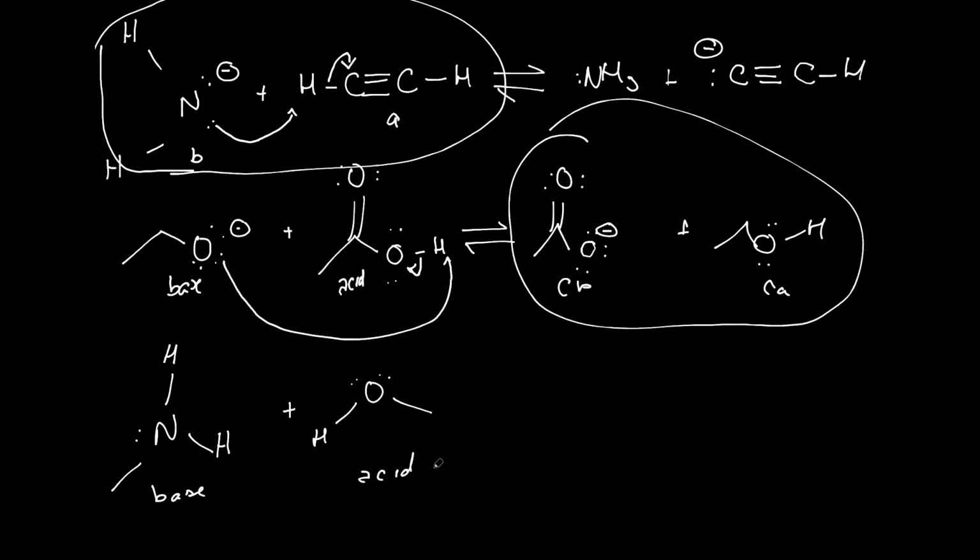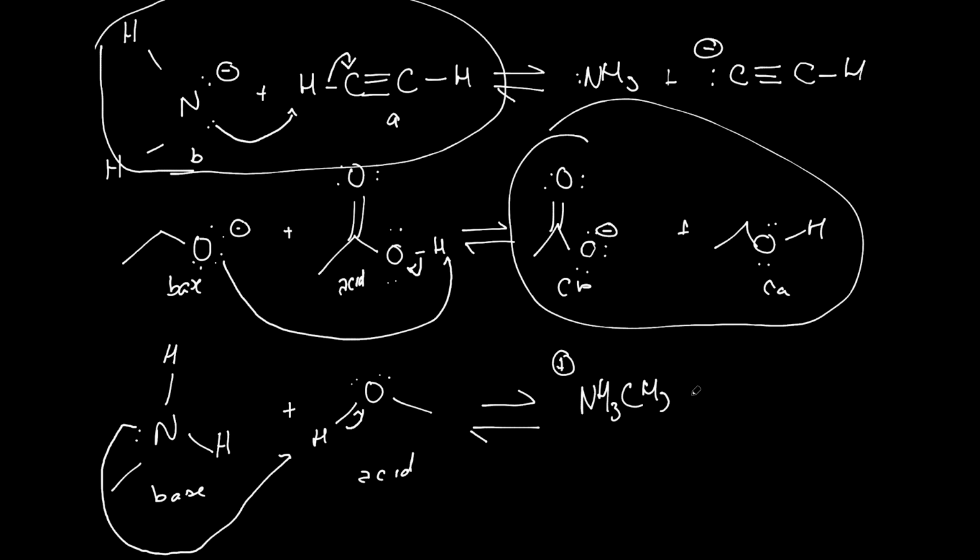So now we have to draw our reaction arrows. The electrons here are going to go to this hydrogen, and the electrons there are going to go to the oxygen, so that'll form an NH3CH3 plus, and an OCH3 minus.